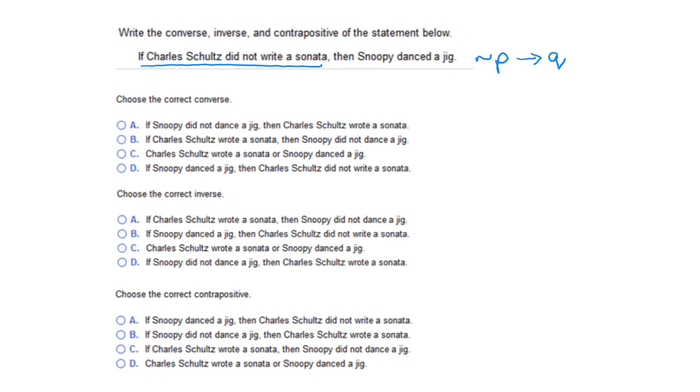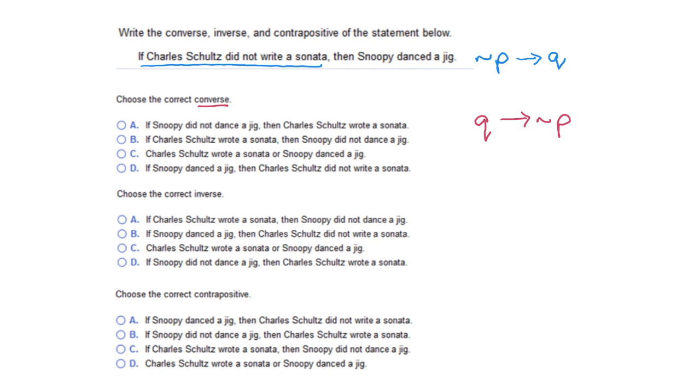And what we'll take a look at first is the converse. On the converse, all we had to do was reverse the original statement. So instead of not P implies Q, I'm going to say Q implies not P. And now I need to find the statement that matches.